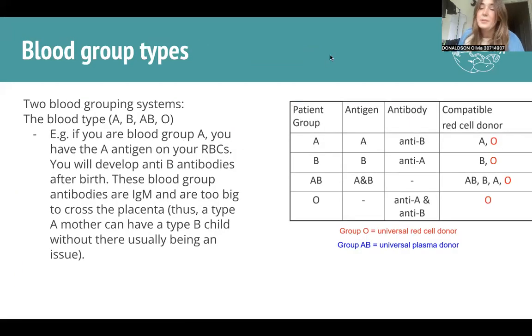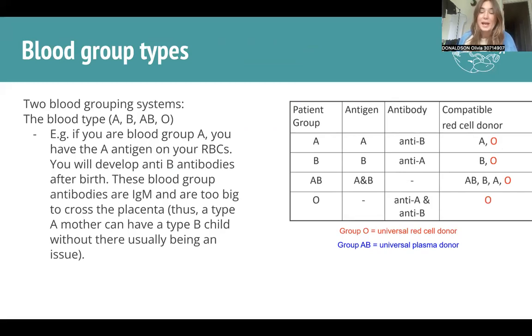So blood group types, I remember they did a really long workshop on this. It's pretty simple. Your A and B are codominant. You can have your 4 blood types. It's just important to know that your group O is your universal red cell donor, and group AB is the universal plasma donor.